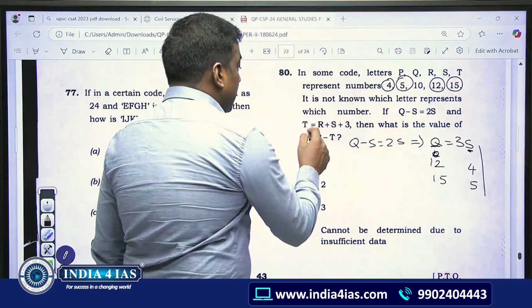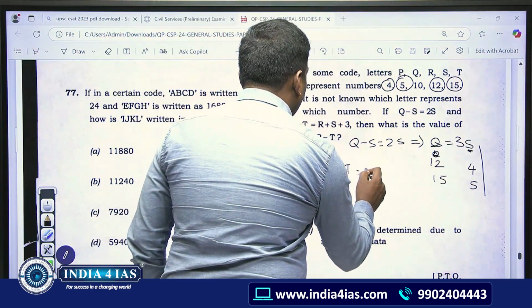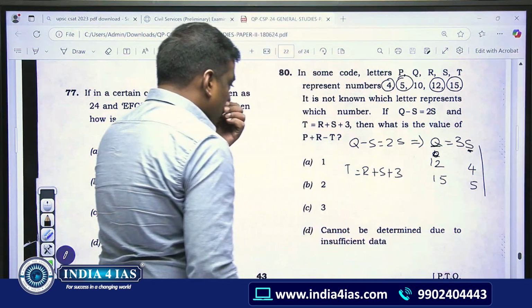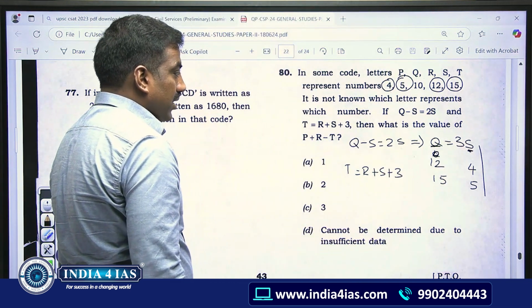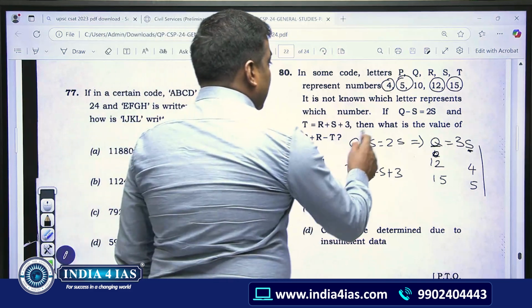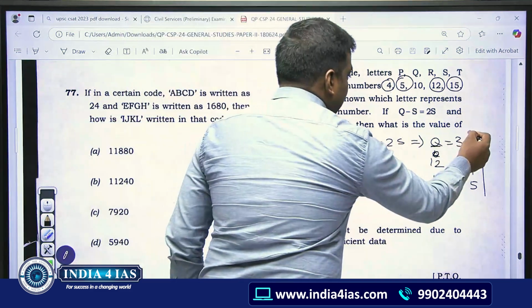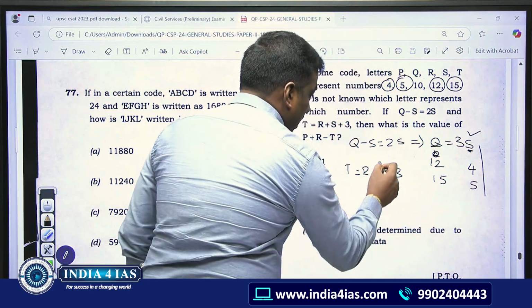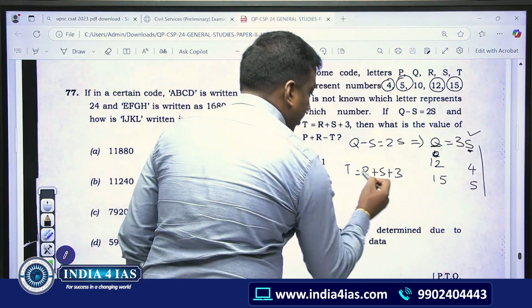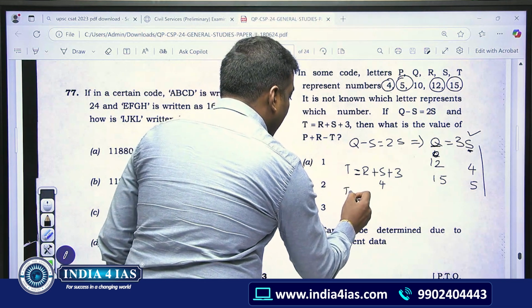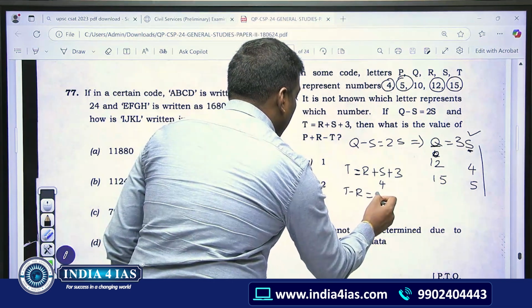Then T is equal to R plus S plus 3. Then they are asking what is the value of this one. So here S value can be 4 or 5. If S is equal to 4, then T minus R should be equal to 7.